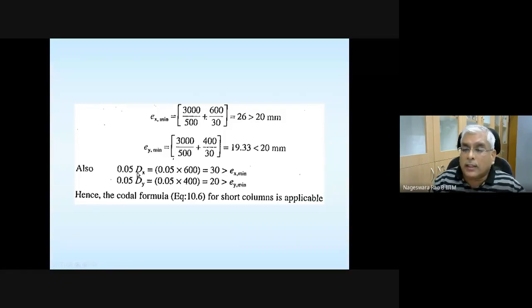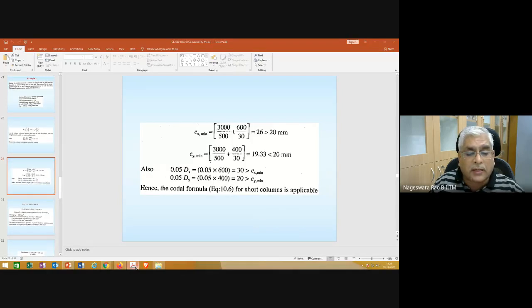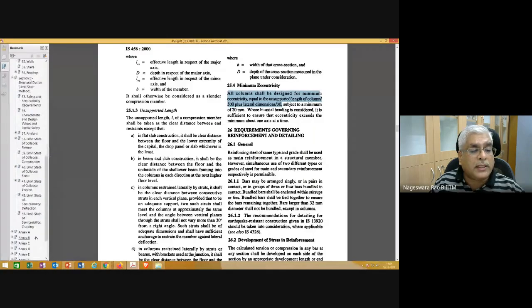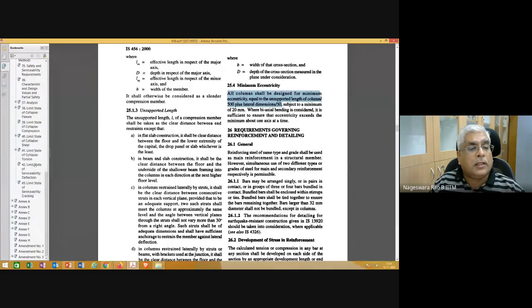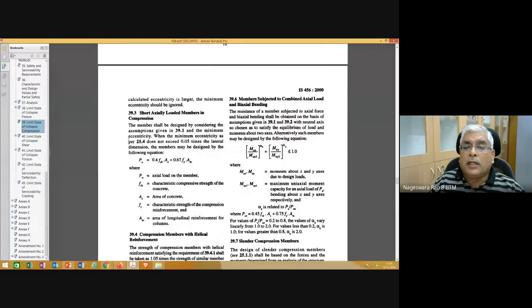And also the minimum eccentricity, we need to check, please see under this, short axially loaded columns under compression. So the column, we checked, is a short column. And whatever minimum eccentricity that we calculated, it should not exceed 0.05 times the lateral dimension, then only is the procedure we are going to discuss applicable.